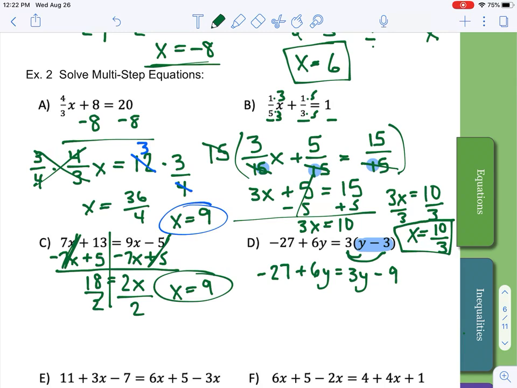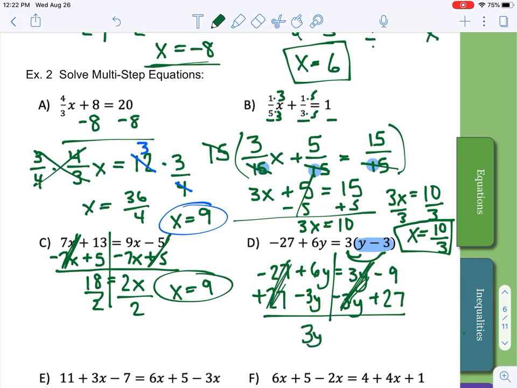Now it looks like C. I subtract 3y on both sides and add 27 on both sides. So I get 3y equals 18. Divide by 3 on both sides. Y will equal 6.